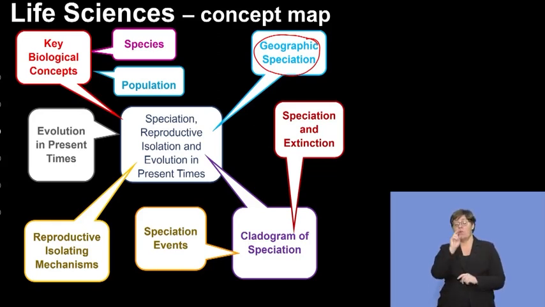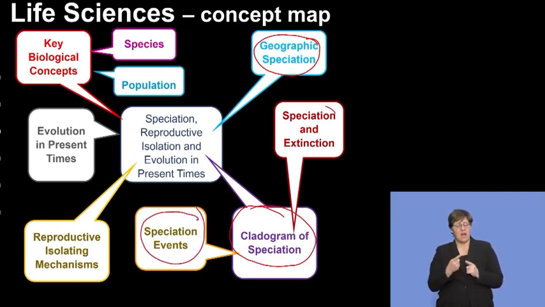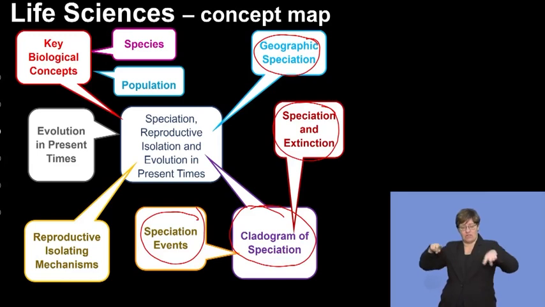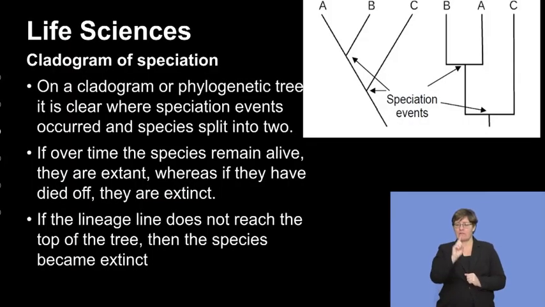Now we're going to look at the cladogram, the speciation events, and the effect that speciation and extinction have on biodiversity. All right, so let's have a look at the first slide.